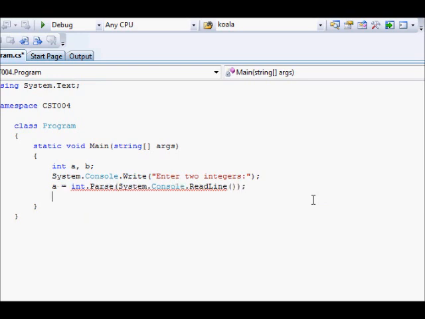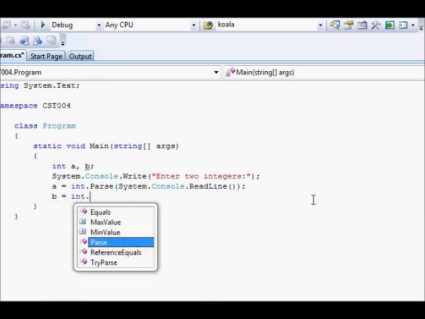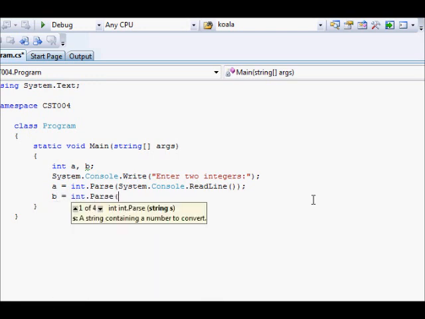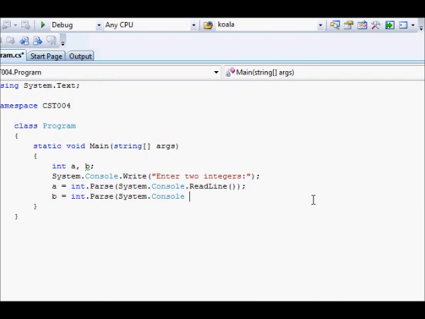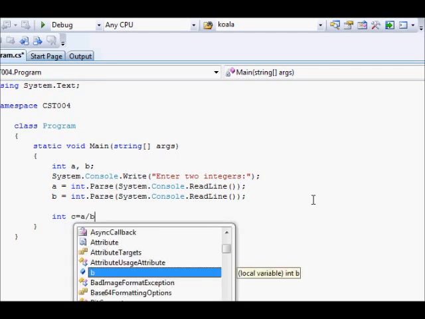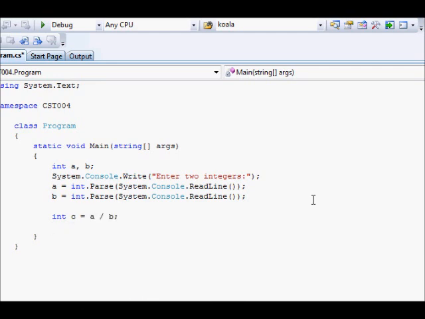This will read the first integer, and b equals int.Parse(System.Console.ReadLine()). So we just read these two integers and now we are going to divide one by the other. So int c equals a divided by b. Very straightforward, right?